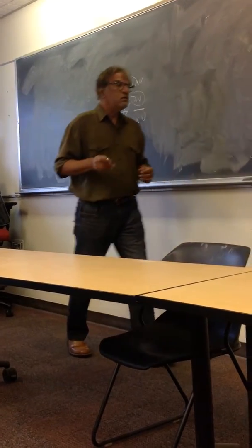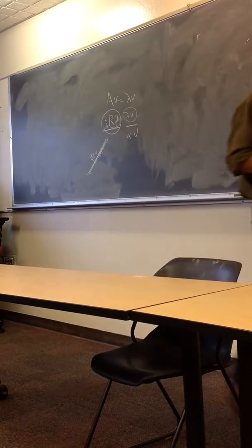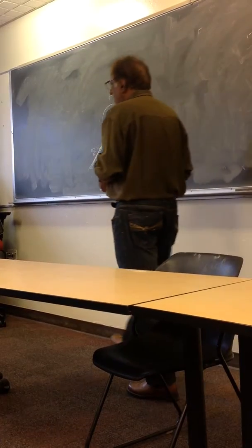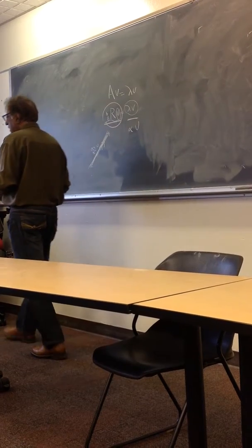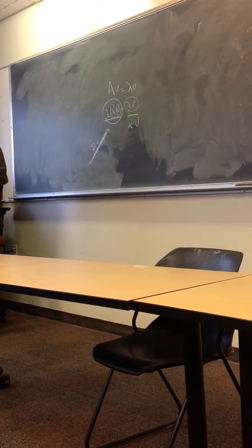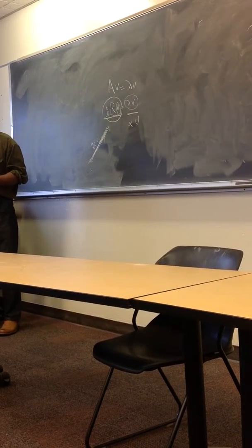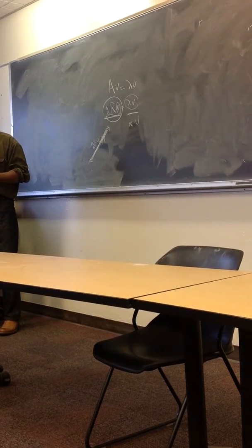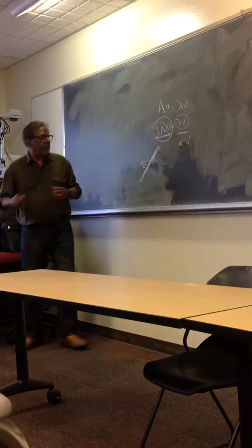We know the properties of R by now. R is a rotation matrix. What are the properties of individual columns?